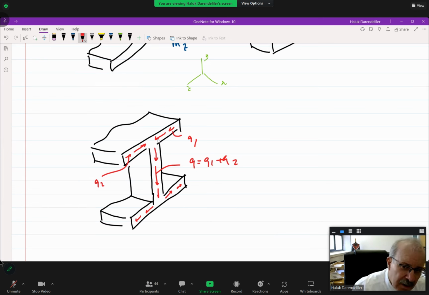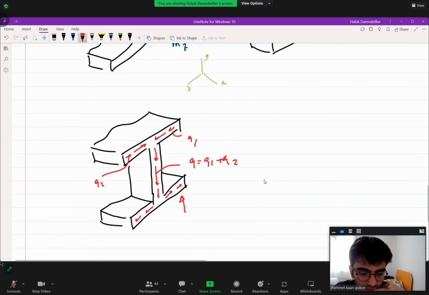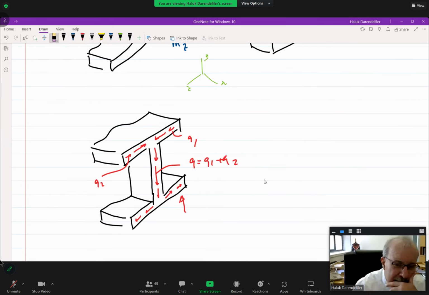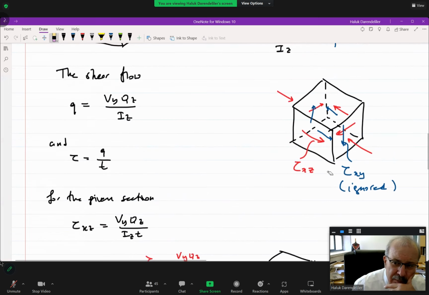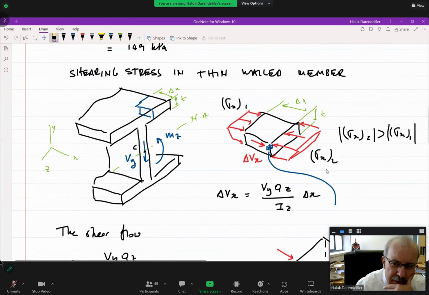Şimdi bakın. Üstte q1 sağa doğruyken alttaki niye sola doğru? Bunu kim söyleyecek? Shear force'u Y direksiyonunda eşitlemek için, yani Z direksiyonundaki force'ları sıfırlamak için. Şimdi yukarıda biz şöyle kabul ettik değil mi? Üstte we said that sigma 2 is greater than sigma 1.